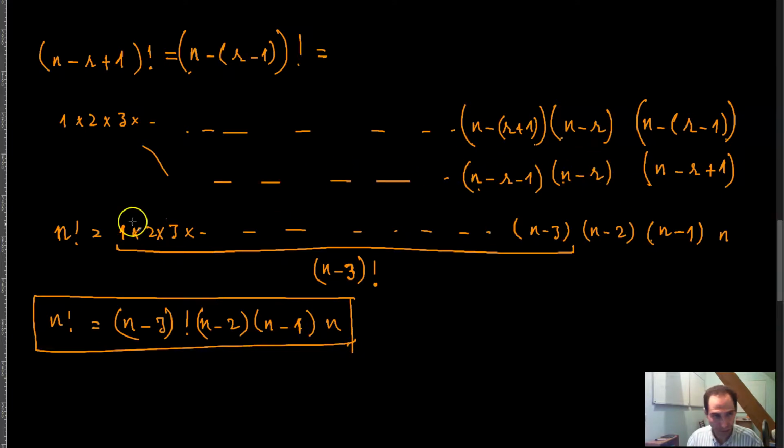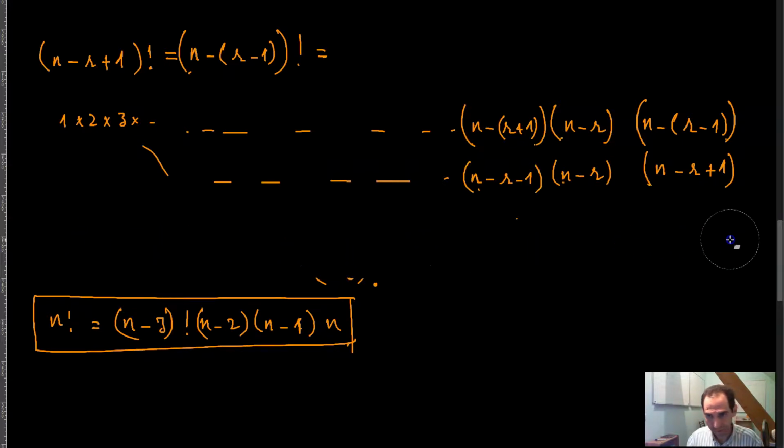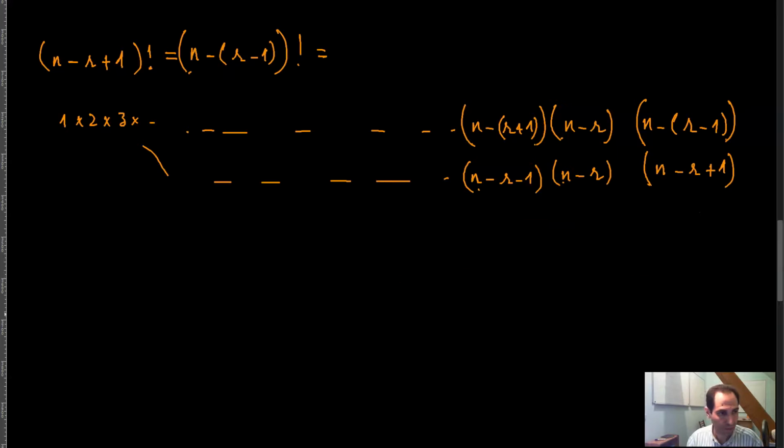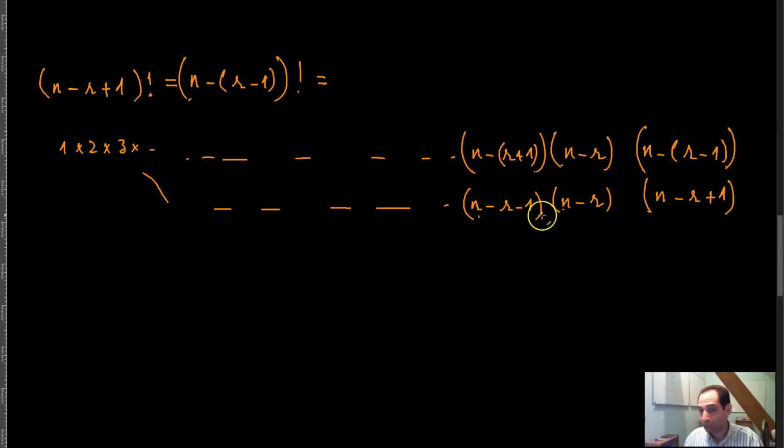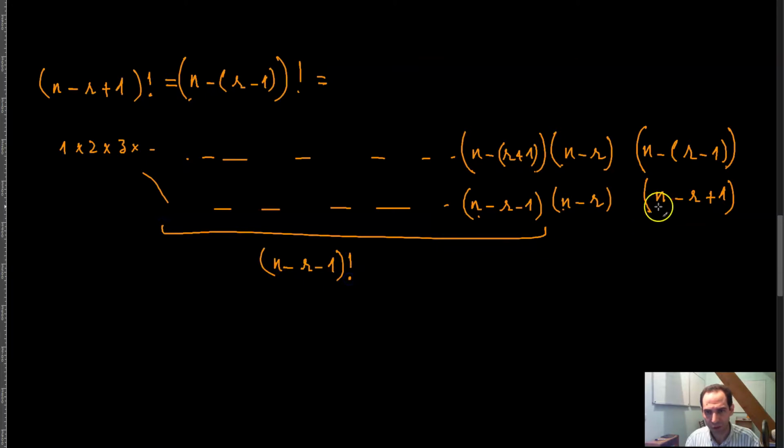And so you can do the same thing over here, meaning that n minus r plus 1 factorial, you can write as n minus r minus 1 factorial, that is the part from 1 all the way up to this part, times n minus r times n minus r plus 1, right?